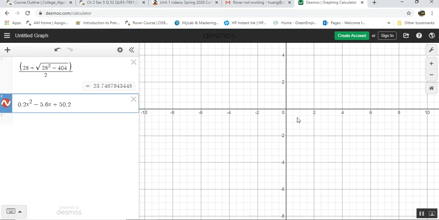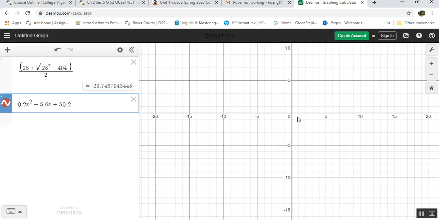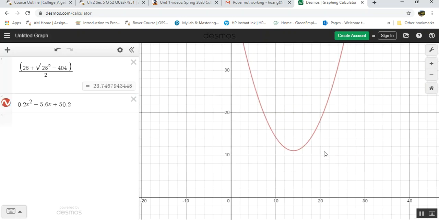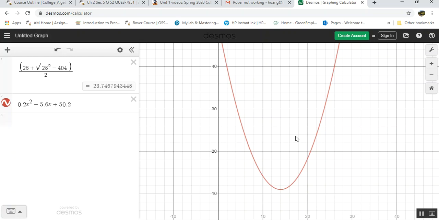You don't see the graph because it's up there, so I'm going to zoom out using your mouse. That's my function, so this is the price. When it is $30, you're going to look for these two intersections. That should be a solution.